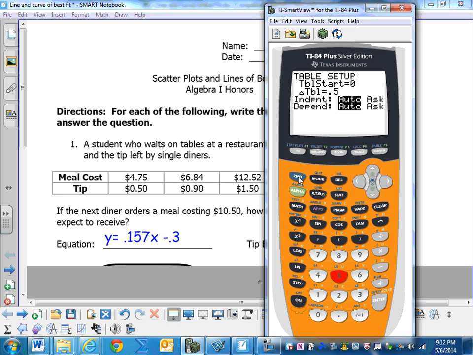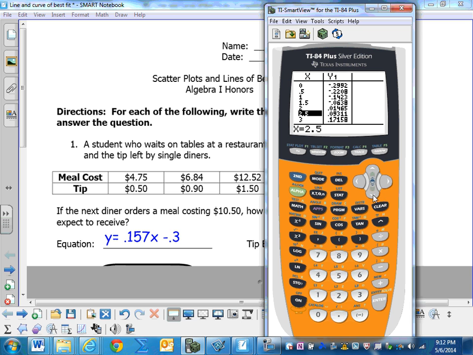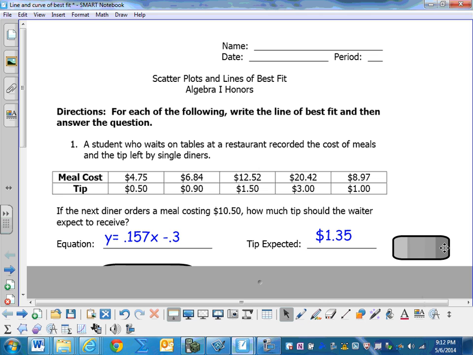Then I'm going to hit Table, and now I can just arrow through my table. When I get to 10.50, I see that my tip is $1.34. Rounded to $1.35.